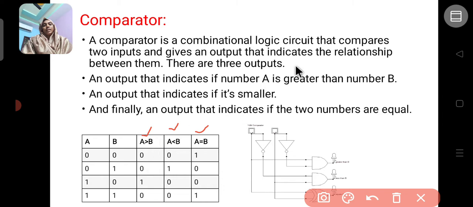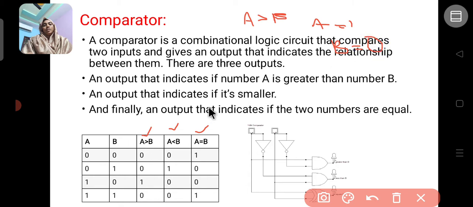So see A greater than B. For A greater than B, we will get it in only one condition, and that condition is A equal to 1 and B equal to 0.